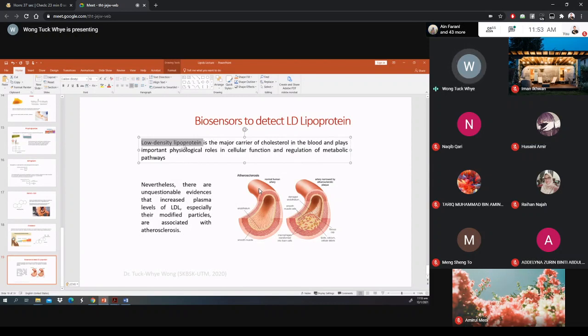For this section, maybe next week or so, I will discuss a lot about how to build this low density lipoprotein biosensor, what the important components in the biosensor are, and how this biosensor functions. I believe those who present this topic will present the same thing.